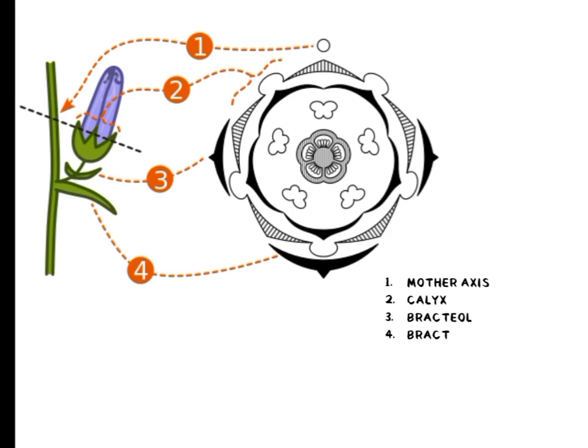Okay, so here I will tell you what the mother axis is. So the mother axis means this is the stem. And the flower faces upward. Here the flower faces upward. Okay, so this is the posterior condition of the flower. So in this condition we will put the mother axis on the top of the floral diagram.